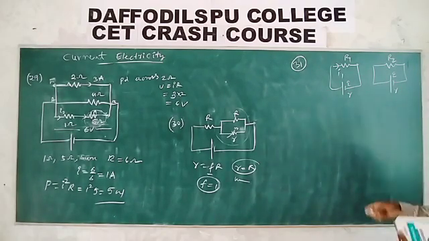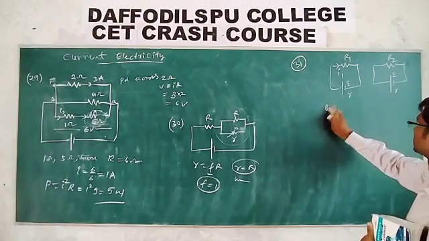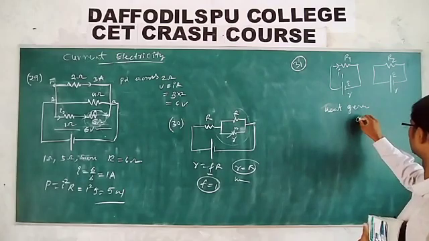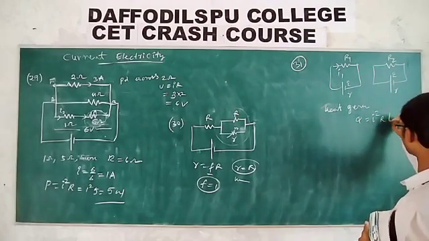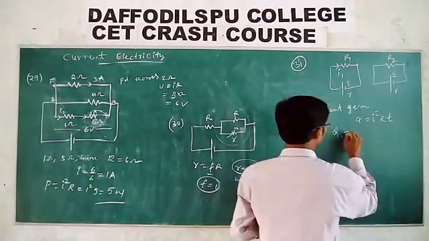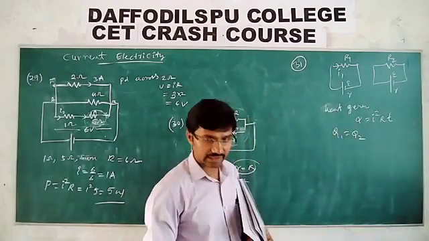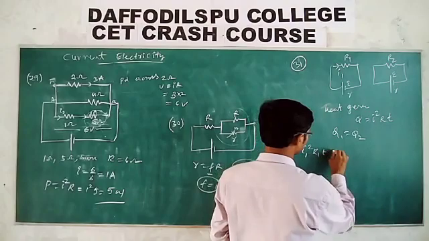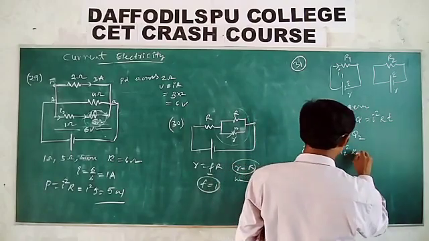Heat generated is same, what does it mean? Heat generated Q is equal to I square RT. Then Q1 is equal to Q2, since the heat generated remains the same. So I1 square R1T is equal to I2 square R2T.